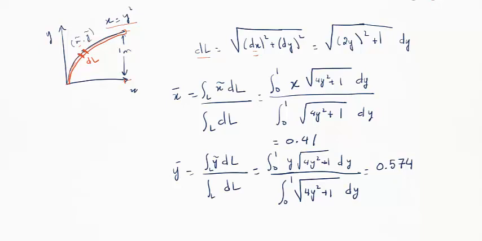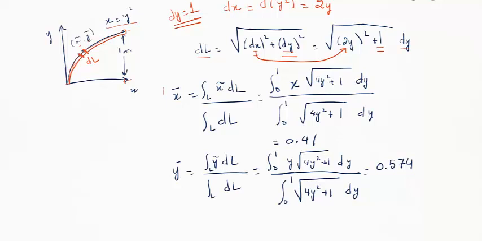So dx is going to equal the d of y squared. This is 2y dy. So we put that in here. We have 2y squared. And what's dy? dy is just 1. So we have plus 1 squared, which is 1, dy.